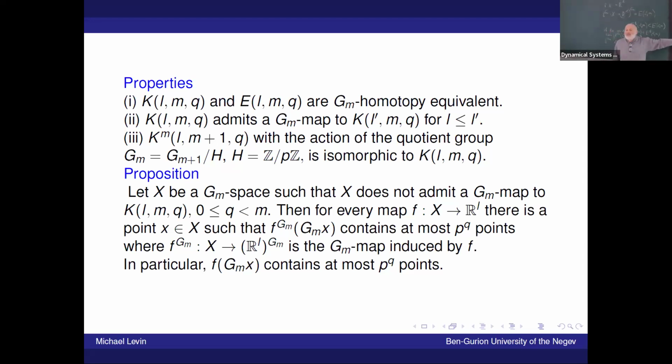So if this property doesn't hold, we will have a map to the complement. And because here we have a G_m homotopy equivalence, we will also have a map to this space. And this can be the assumption of this proposition. So we know that such a map does not exist.